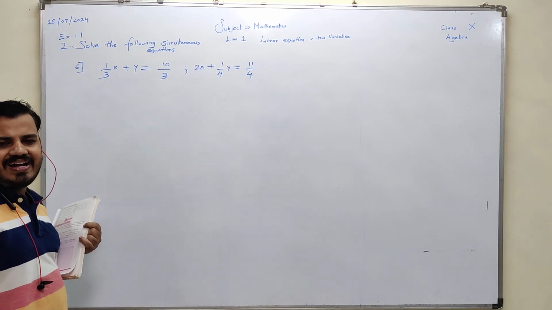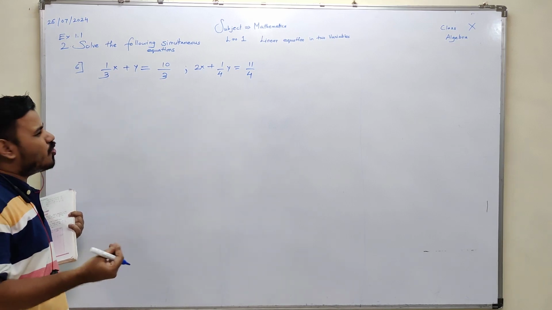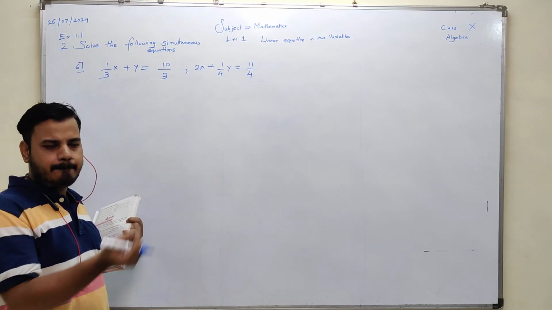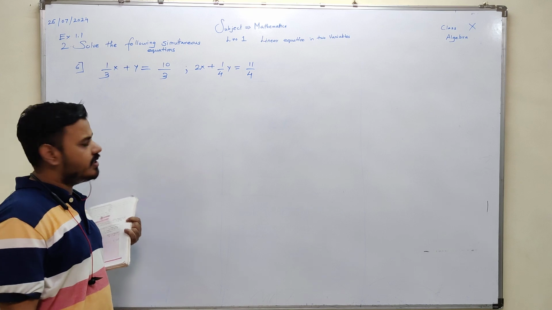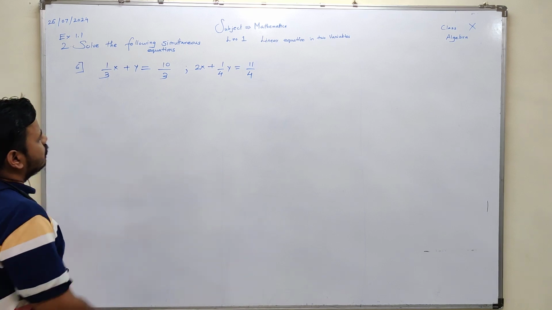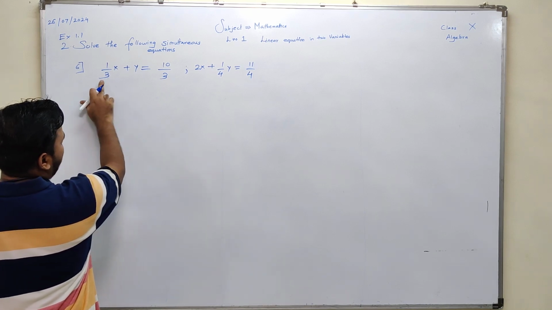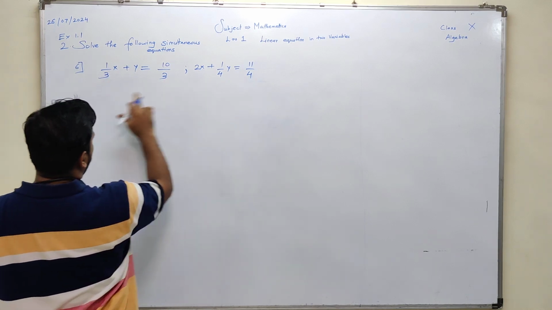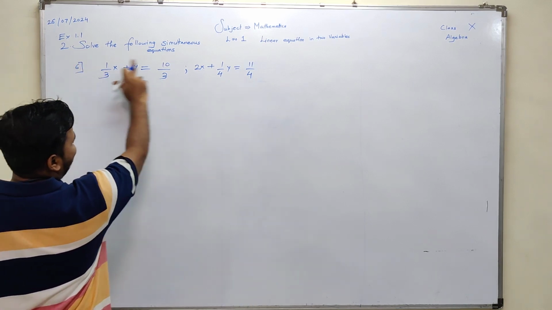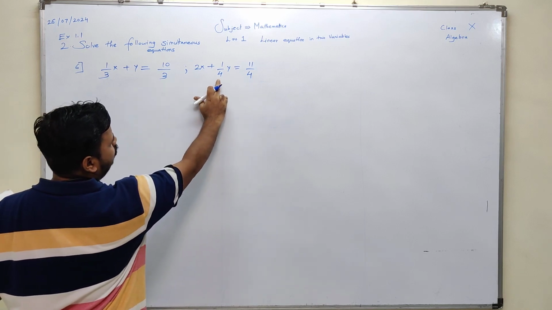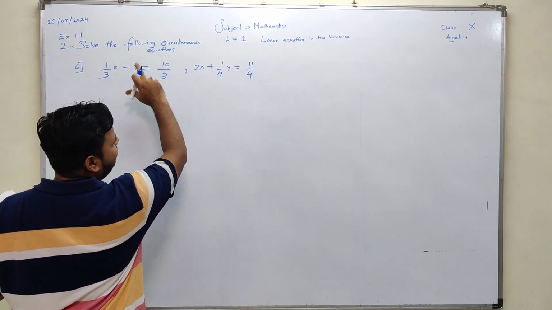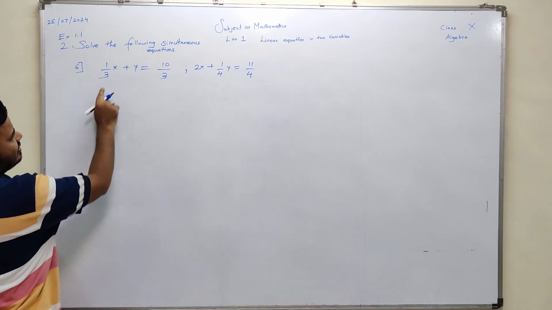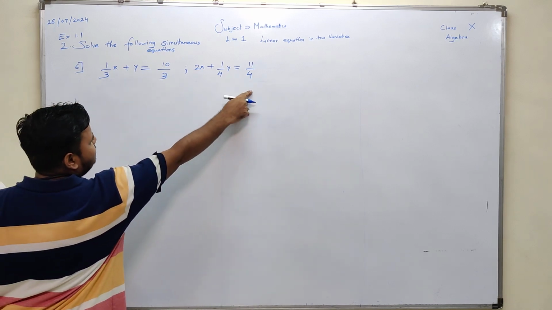You will find this example somewhat difficult or different from the previous examples which we have solved. In order to remove this 3 and this 4, we will multiply the numerator throughout by 3, and by 4. Then we can remove this 3 as well as 4.